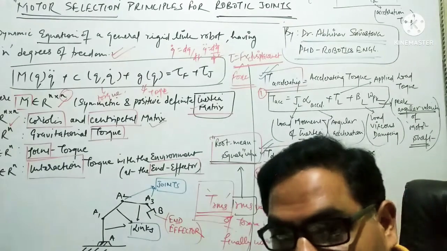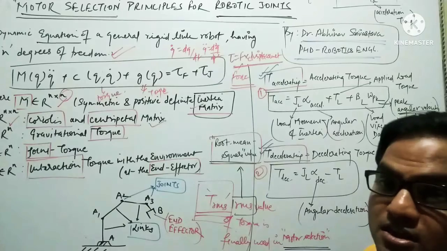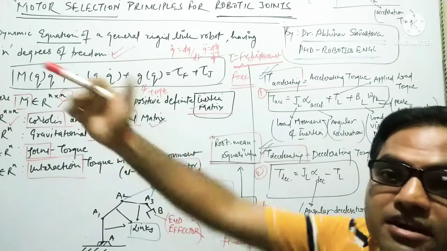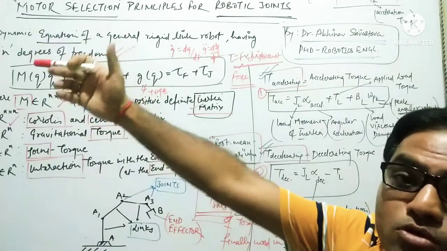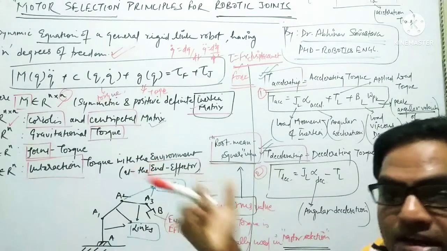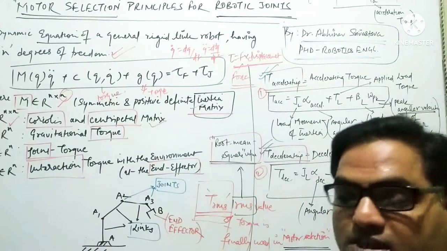In the acceleration, the particle is accelerated and the final velocity is more than the initial velocity, while in the deceleration the final velocity is less than the initial.